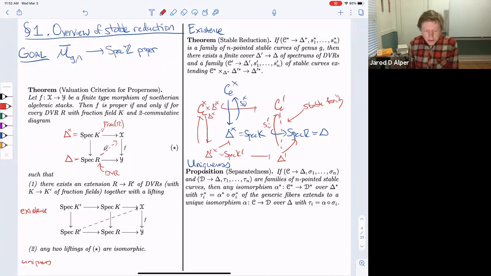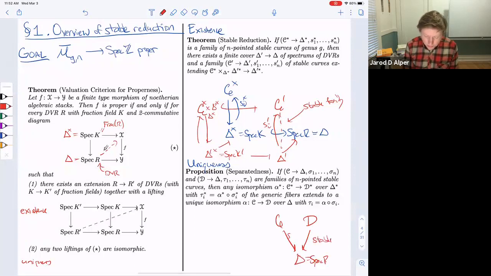And the uniqueness, or in other words, the separatedness, translates to this: suppose I have two families of stable curves over a DVR. These are both stable, and suppose that when I restrict to the generic point, I have an isomorphism, let's call it alpha.